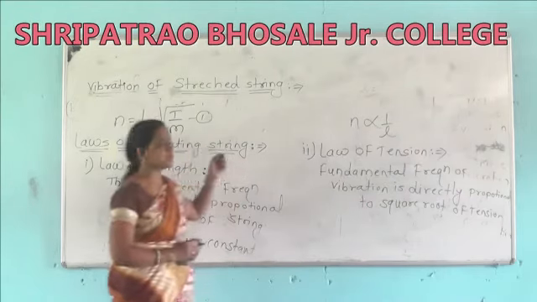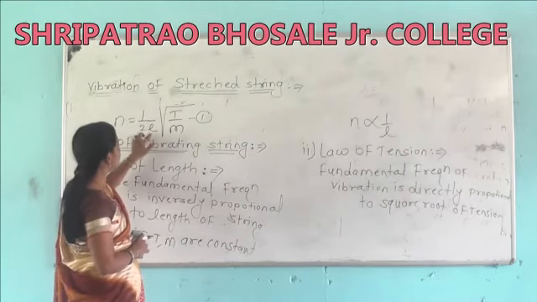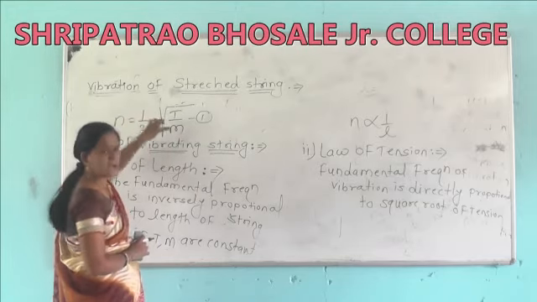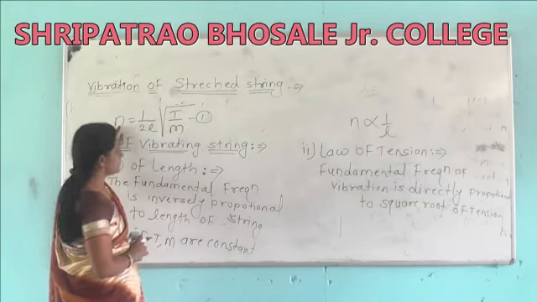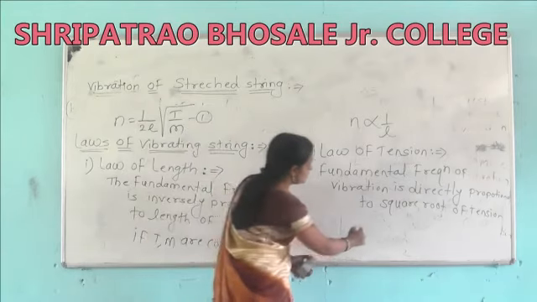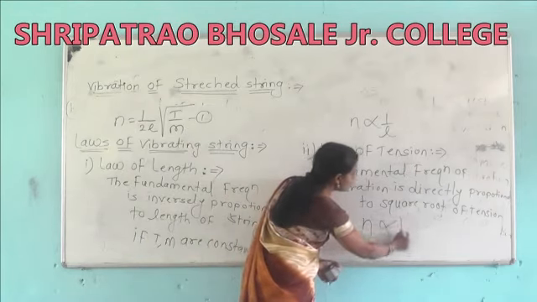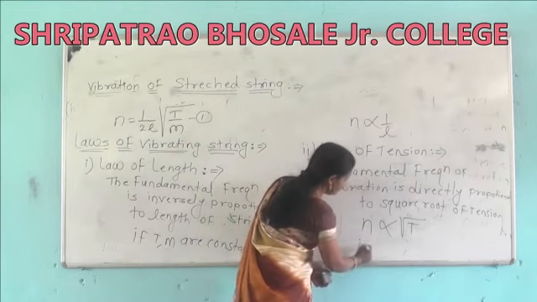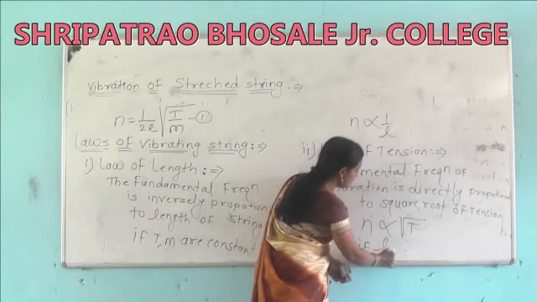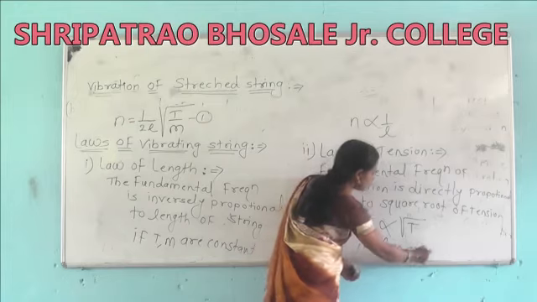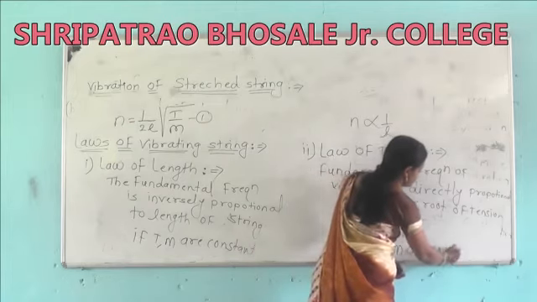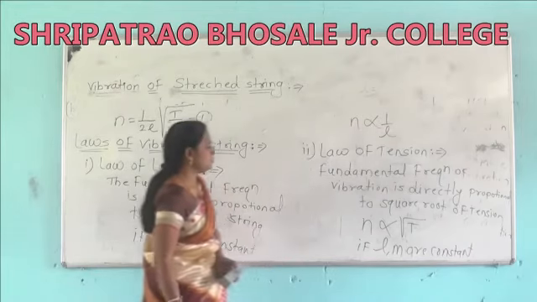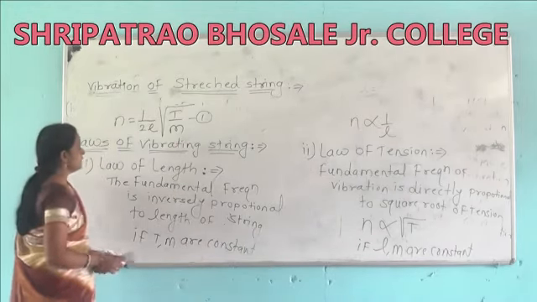In this case, if L and M are constant, then N is directly proportional to the square root of T. Therefore, this is the second law.